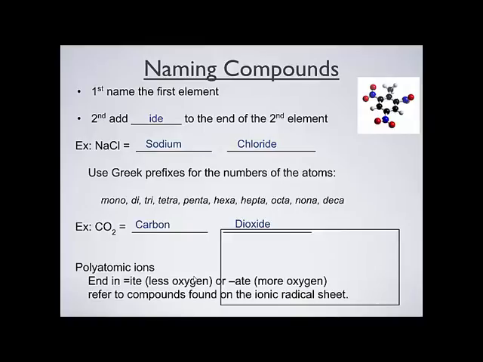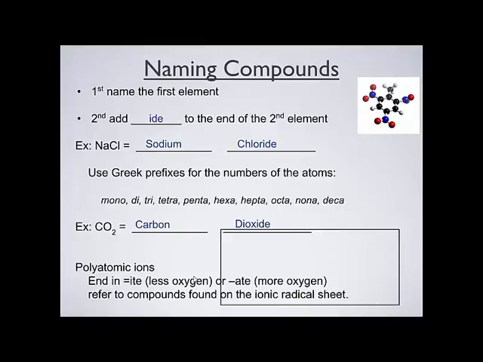And for these polyatomic ions, you can actually look them up on this chart I'm about to give you. This chart is sort of like your periodic table. On your test next week, which I'm thinking is Wednesday, you can use this chart along with your periodic table.